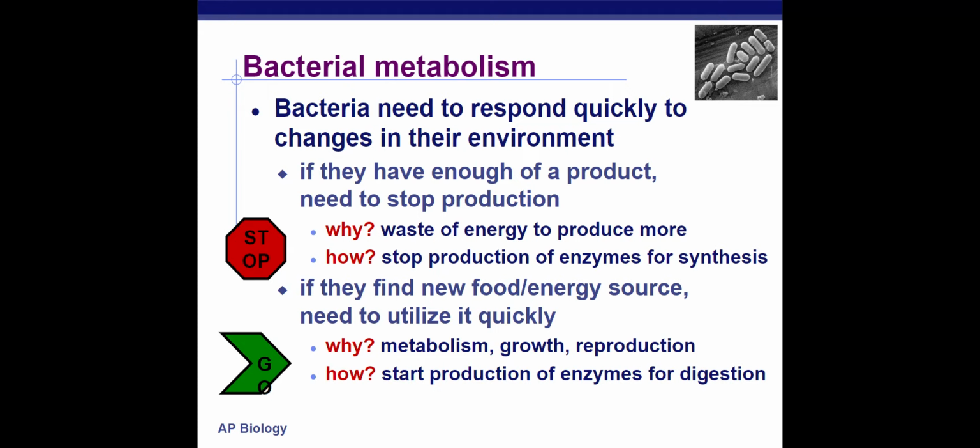The other one, which I was referring to with lactose, is when all of a sudden they're exposed to something that they need to respond to or use, and then they might need to turn on genes for particular enzymes to take advantage of that situation. Those are the two that we're going to focus on: repressible genes and inducible genes.